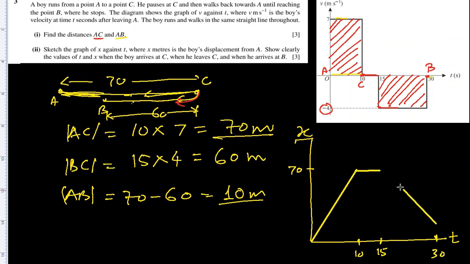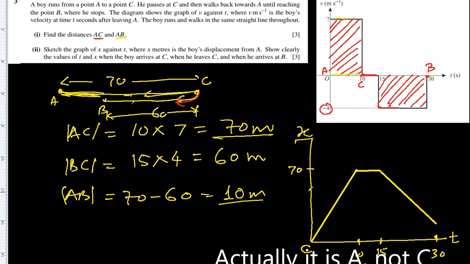Somewhere here he will reach. He will not reach C exactly because C is our reference, and this will be the sea level. They're saying show clearly the values of t and x. We have written here 10, 15, 30, 70, and this will be 60, this will be 10, right?